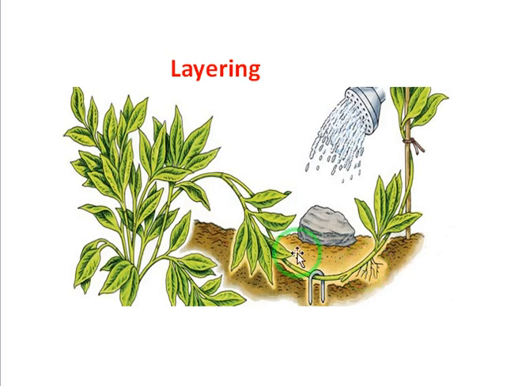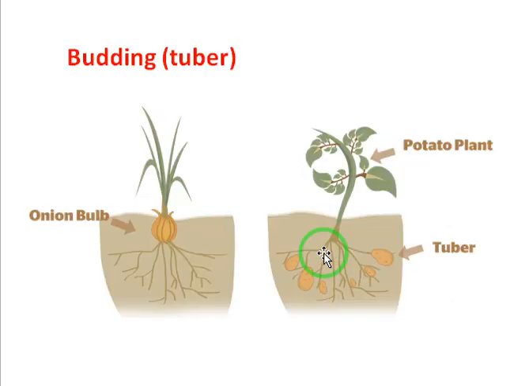Third one, layering, as shown when the plant comes down on the surface of the soil. Budding, by making tubers like the onion bulb or potato plant.